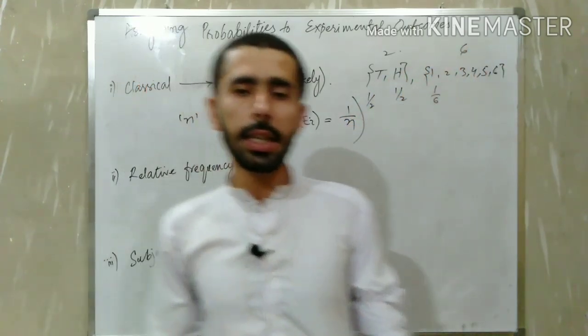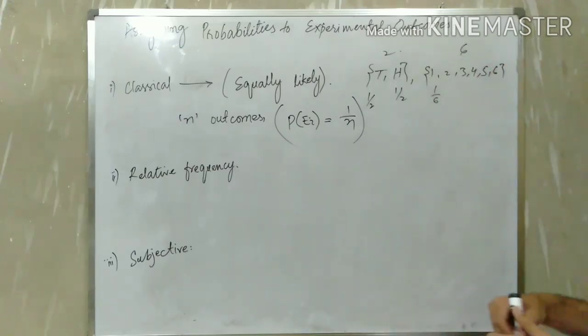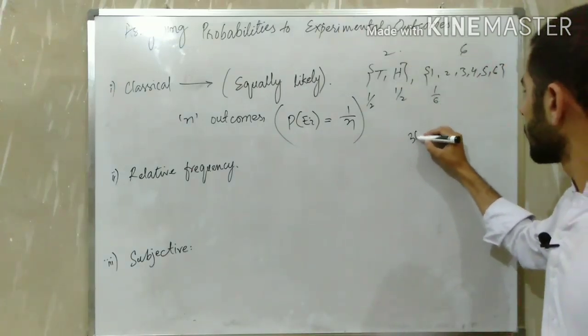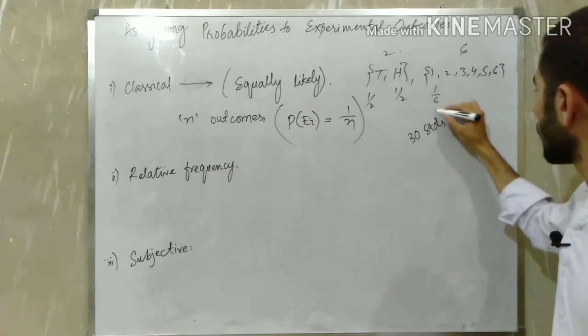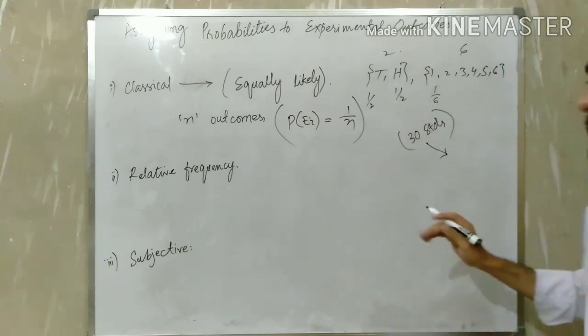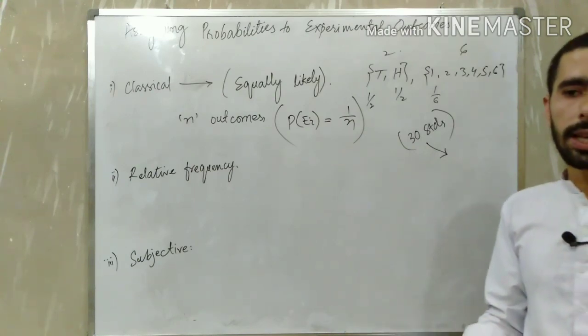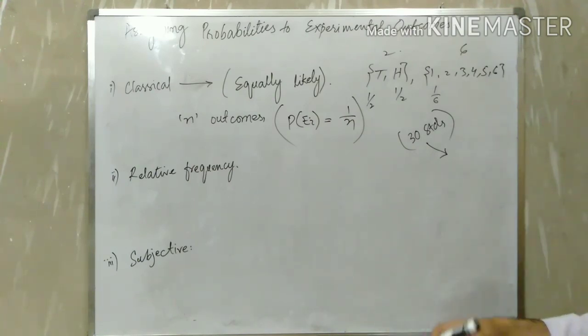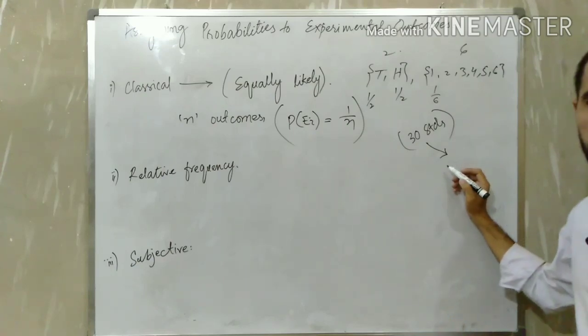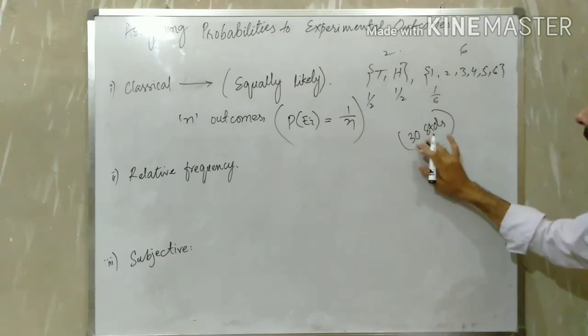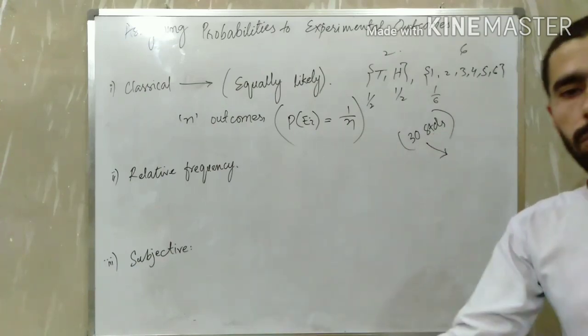If I say that in a class I have 30 students and I'm going to select a CR, a representative of the class, randomly out of these 30 students, what are the chances that a student would get selected?